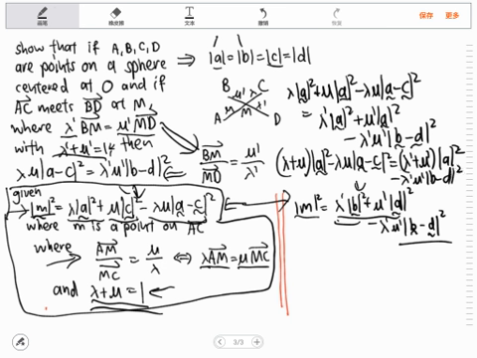And this is 1, this is 1, and this is 1, based on here and here. Because both are 1 and both are |A|², I cancel them away. Because it is minus on both sides, I multiply by minus and I get what they want me to prove. So that's it for this three-part question.